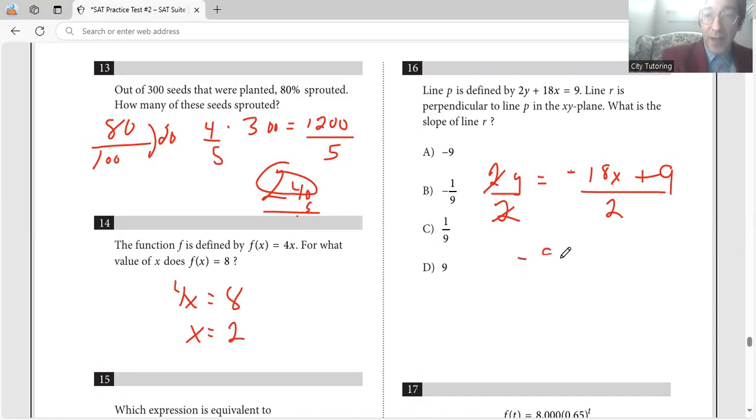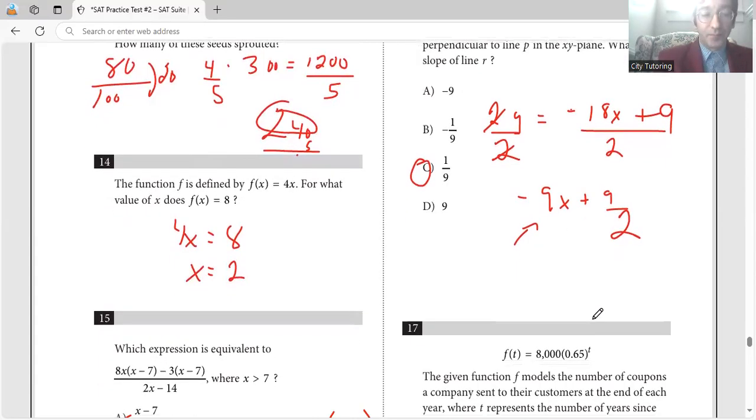So we have negative 9x plus 9 halves. All right, so this is my slope, but I've got to find the slope of line R. So it is the negative reciprocal of negative 9 over 1. If I flip it, I have negative 1 over negative 9, so positive 1 ninth. So this is basic stuff.